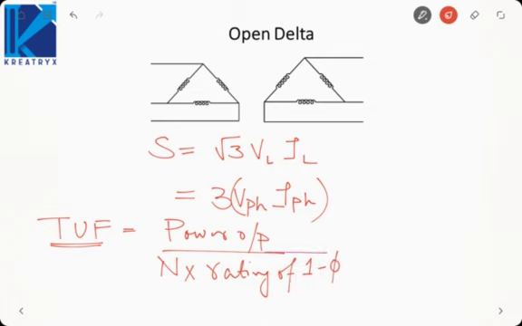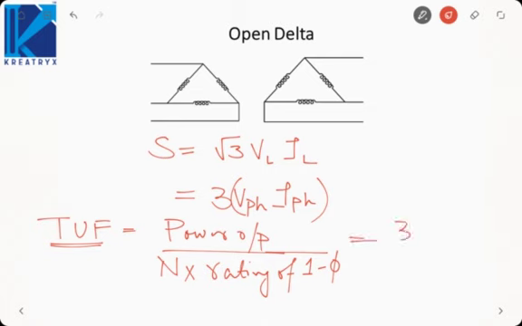Since we can consider a three phase transformer as consisting of three single phase transformers, in this case N will be 3. If there were two transformers, I will consider N as 2. If there is a single phase transformer, N will be taken as 1.